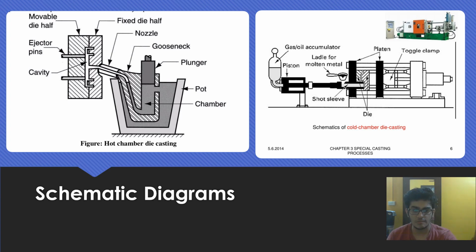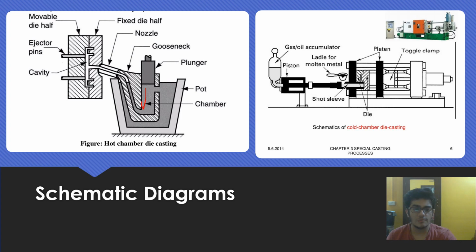This is the hot chamber die casting. So it consists of a pot of molten metal, and for each cycle the plunger is taken up. The molten metal is flooded into this chamber. Plunger moves down.